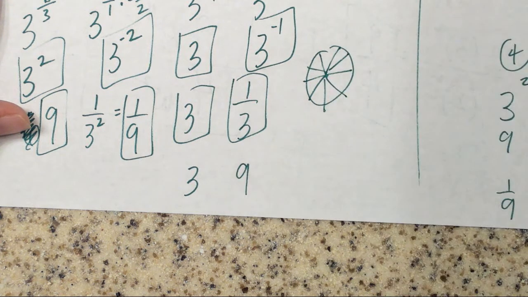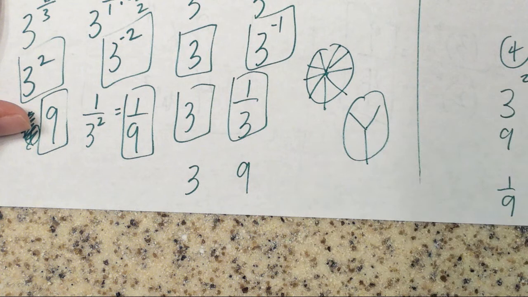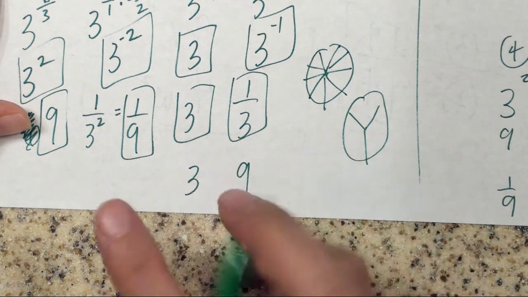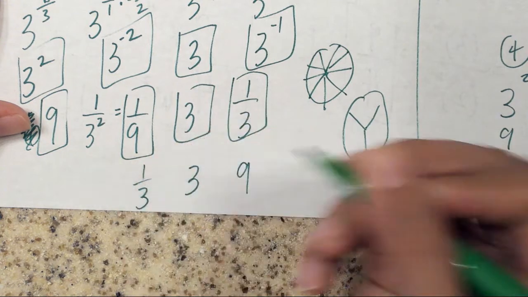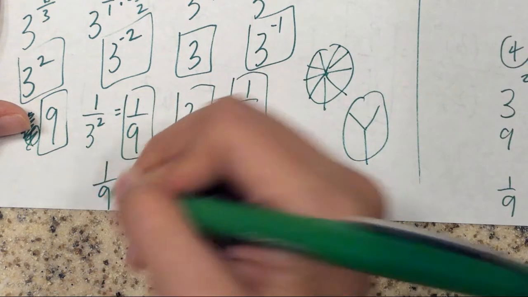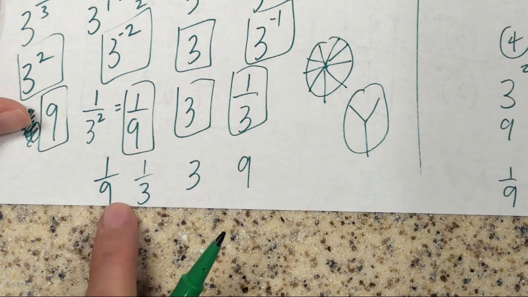You're going to have a small piece. Versus if you divide it into 3 pieces, 1/3, you're going to get more of the pizza. So that's bigger. And then 1/9, you're going to get a smaller piece. So this is 1/9. So that's how I rank them, 1/9, 1/3, 3, and 9.